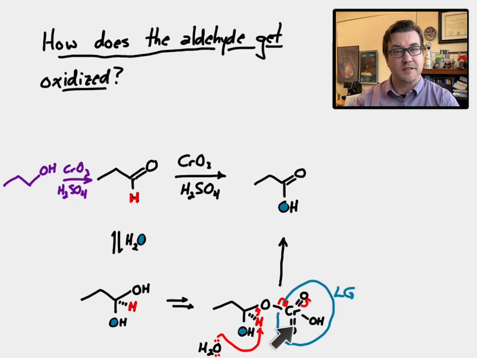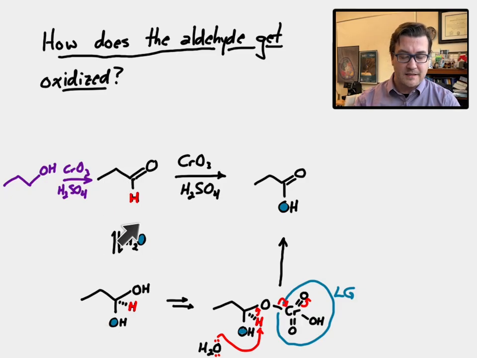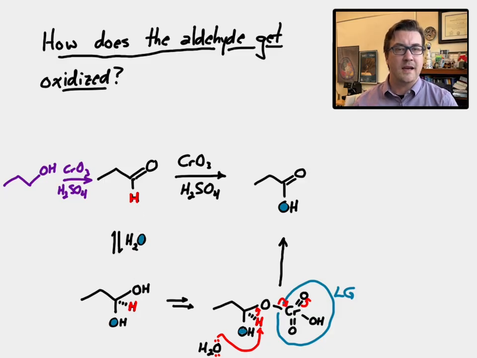Meanwhile, it will kick off this chromium species as a chromium 4 leaving group and give you a carboxylic acid at the end of this mechanism. You'll talk about this interconversion of carbonyls to their hydrates next semester, but it's important to recognize that this can occur, and this is why an aldehyde can get further oxidized using chromium to a carboxylic acid.